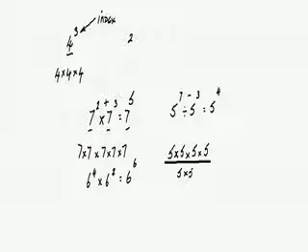So what we've got here is 5 to the power of 4, because I've got 4 5s, being divided by 5 to the power of 2. Now, if I do what I know is right, 4 minus 2, then I get 5 to the power of 2. 4 minus 2 is 2.